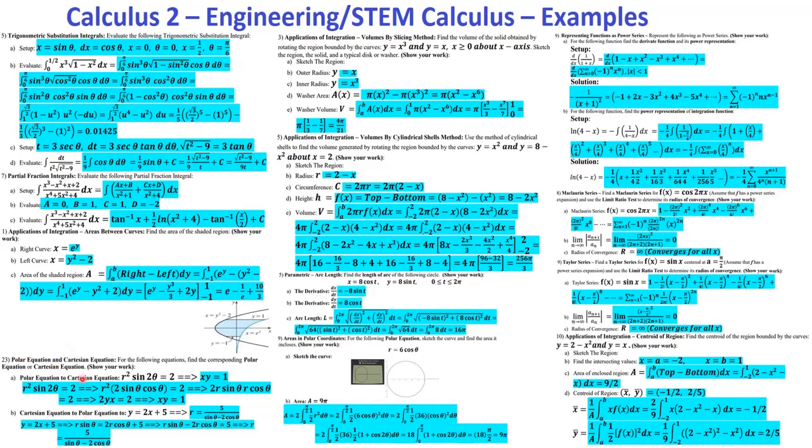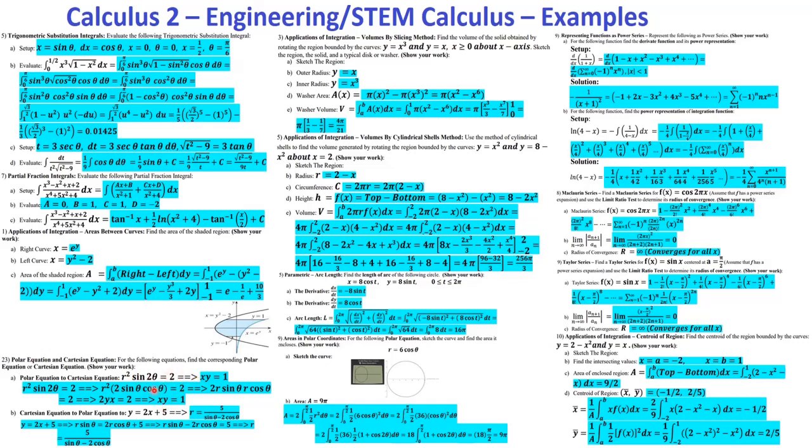Then here I have another example. It's polar equation and Cartesian equation. This is a conversion from polar to Cartesian, and Cartesian to polar. So A is polar to Cartesian, where you have r squared sine 2 theta equals 2.